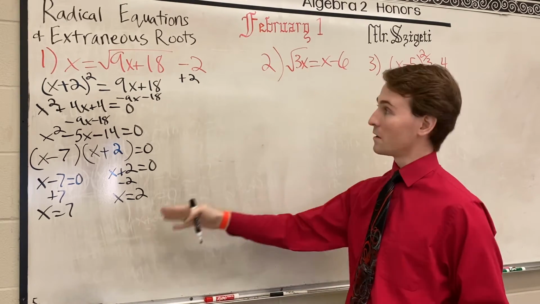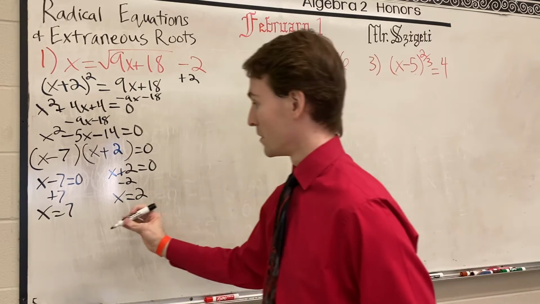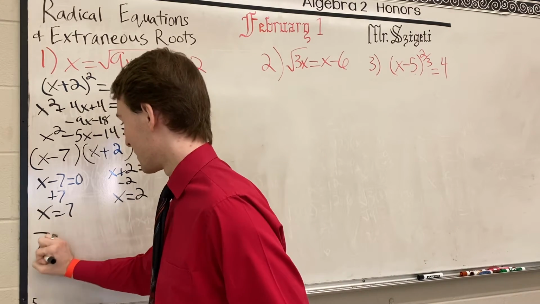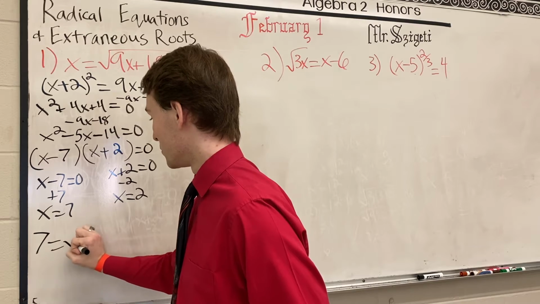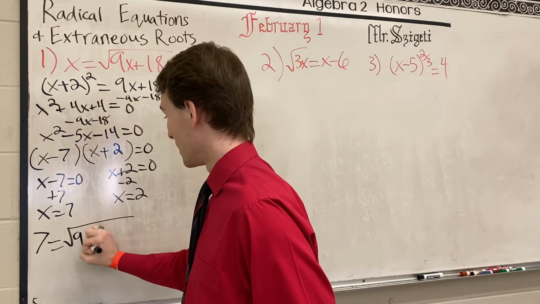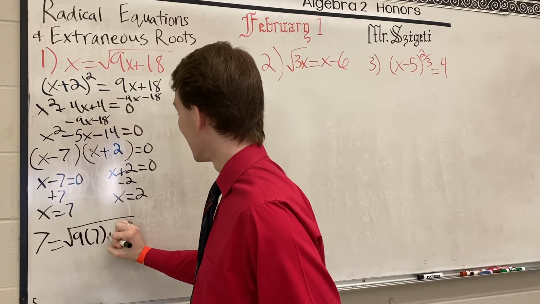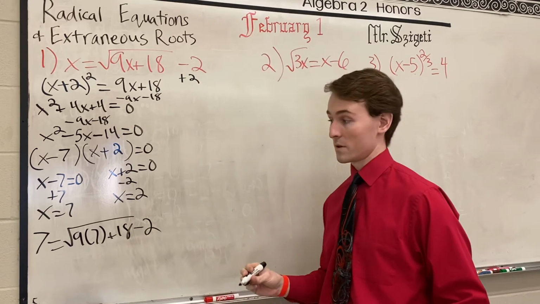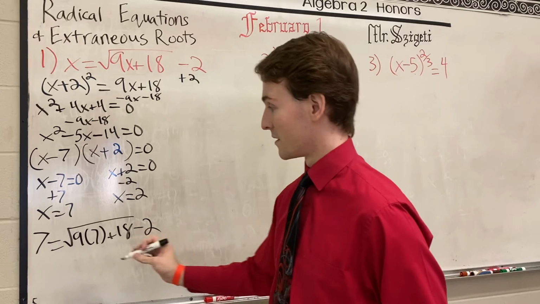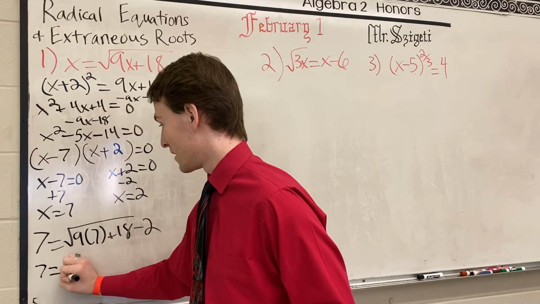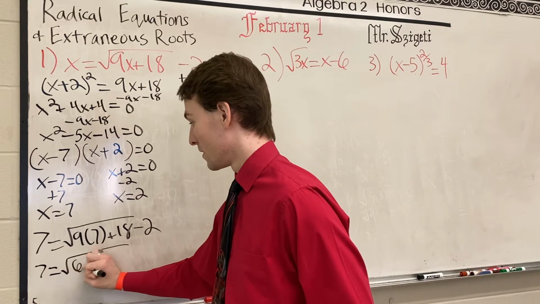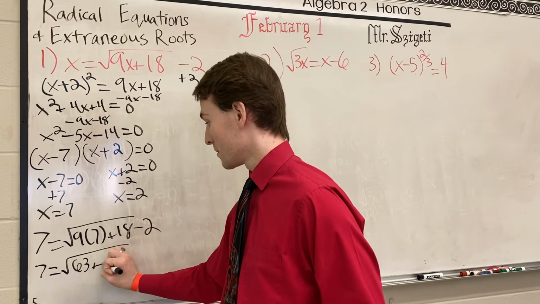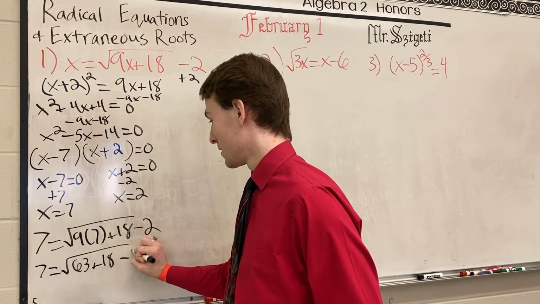I'm going to start it down here and then bring it back up. So what we've got here to start is 7 is equal to the square root of 9 times 7 plus 18, and then we can't forget that minus 2 on the outside over there. So this is the same as saying that 7 is equal to the square root of 9 times 7, or 63, plus 18 minus 2.